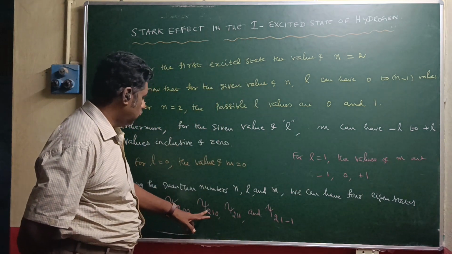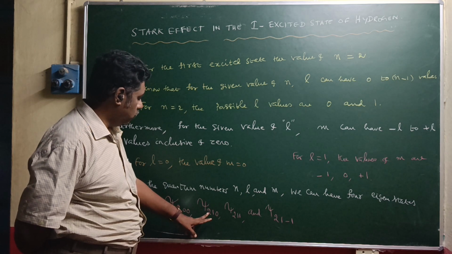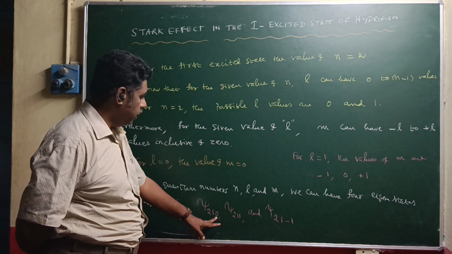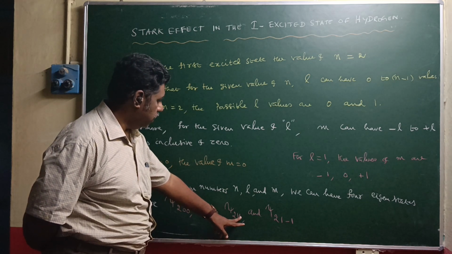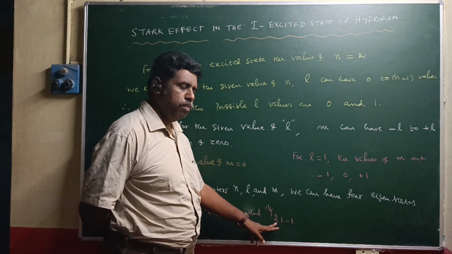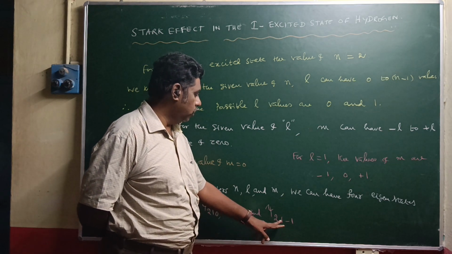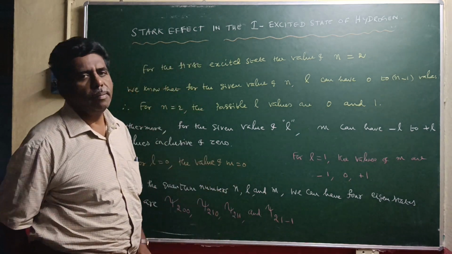So take the first combination, psi with n equal to 2, L equal to 1, M equal to 0. Then n equal to 2, L equal to 1, M equal to 1. And psi 2, 1, minus 1 stands for n equal to 2, L equal to 1, M equal to minus 1.